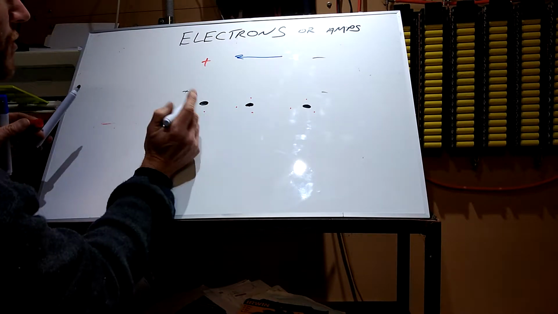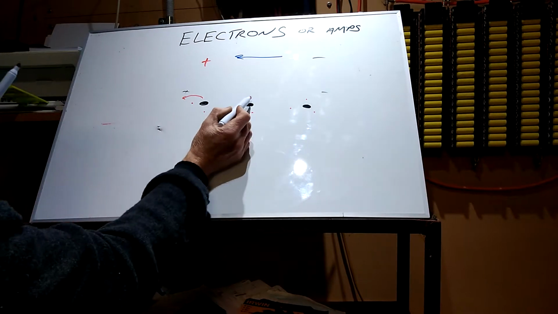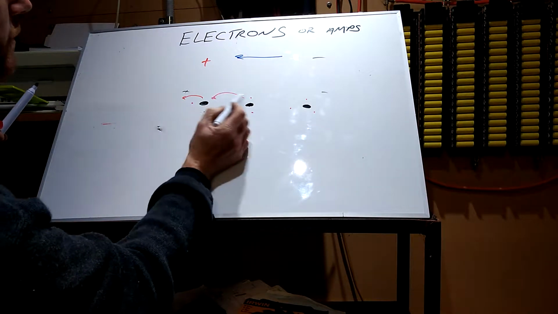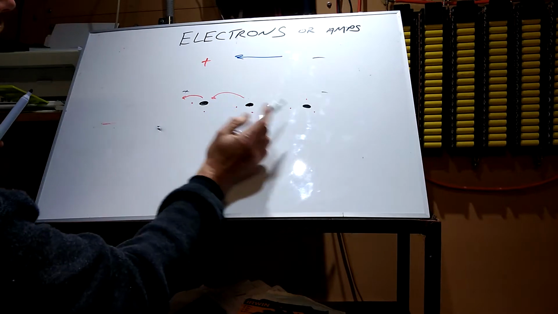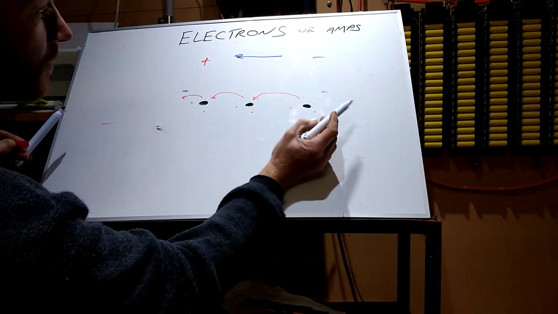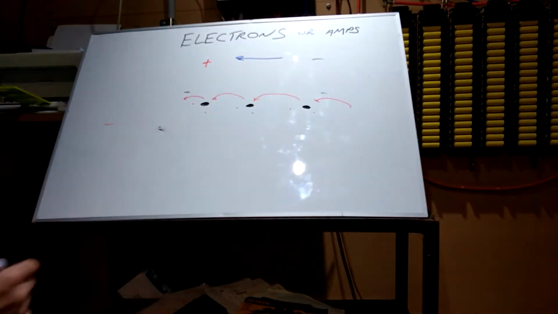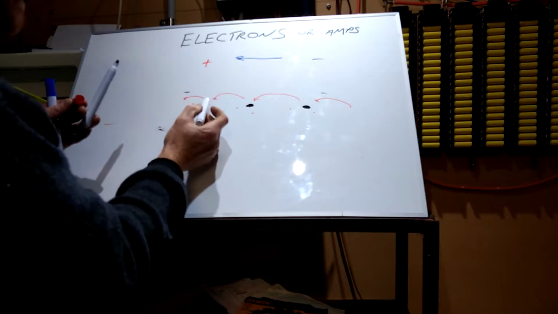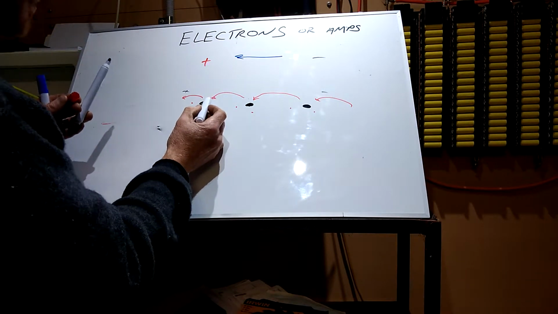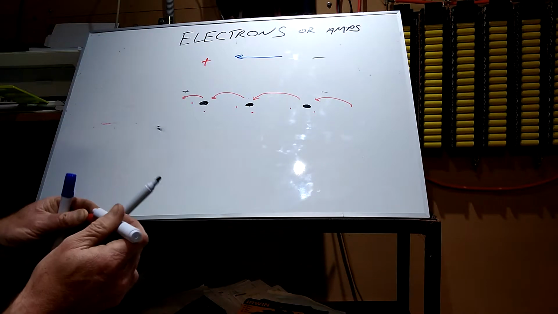When one electron jumps orbit to the next one, this one here follows, leaves a hole for this one to follow, makes a hole, and so on and so forth. So that's how electrons move. What you're actually seeing is the holes, the movement of holes goes from positive to negative, and that's conventional current flow.